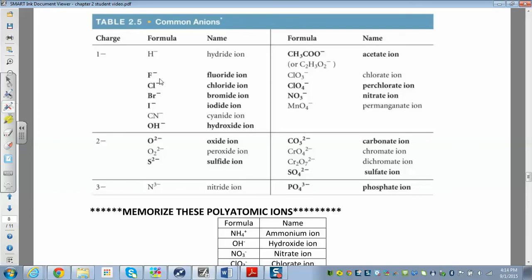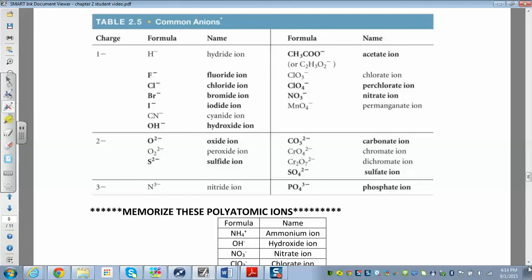So halogens here, these are your -1s. This is a polyatomic ion, the cyanide ion, hydroxide ion. We'll have to know those two. You don't have to worry about peroxide. Oxide is here, sulfide, these are your -2s. And then -1, you have some more polyatomic ions over here, and more polyatomic ions over here.